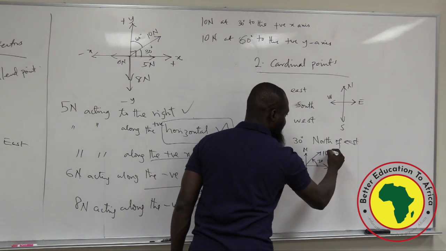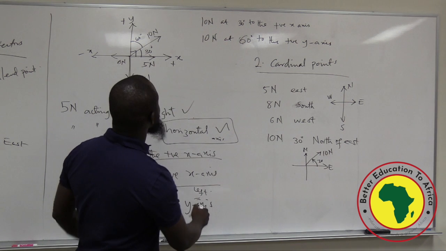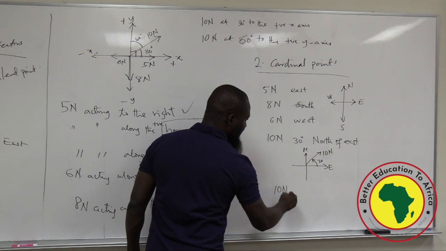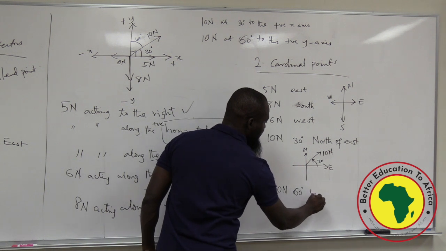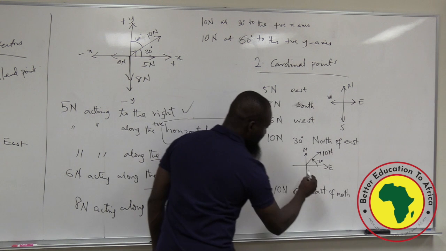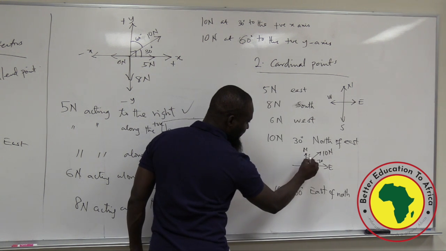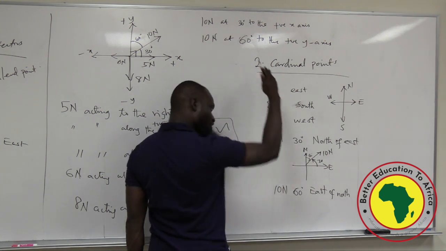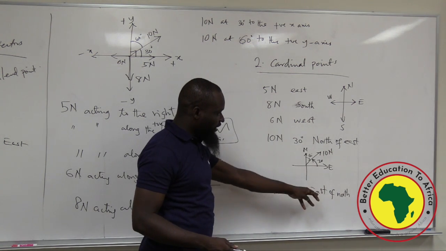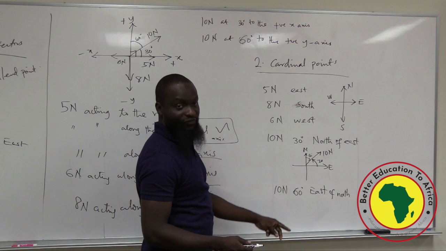That's where the 10 Newton is. Now, if I want to use the 60 degrees, I will say 10 Newton acting 60 degrees east of north. So it means I start from north, move 60 degrees towards the east of north. So 30 degrees north of east, or 60 degrees east of north.